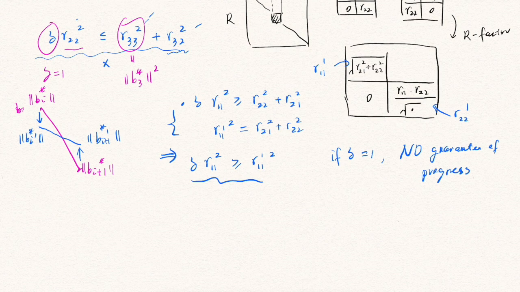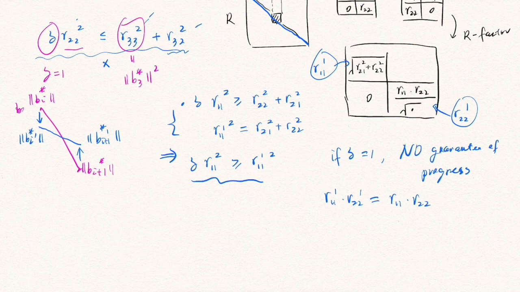But again, their product won't change, right? Remember, their product won't change. The product of R11 prime and R22 prime should equal R11 times R22, because effectively this is just a small piece out of the entire R, and the product of all of the diagonal entries is the determinant of the lattice, which is invariant.